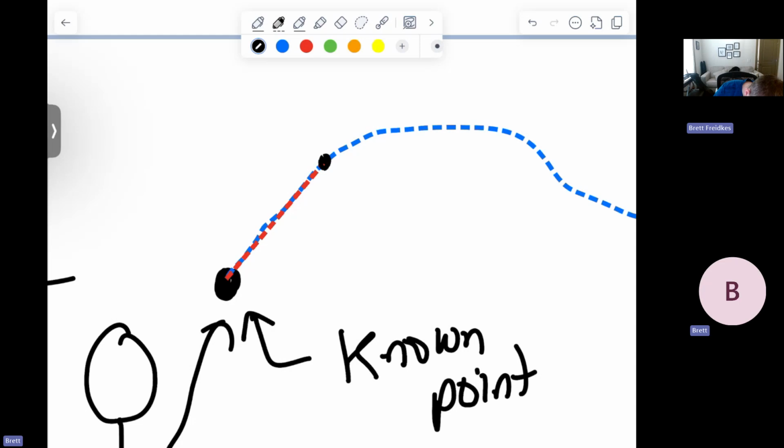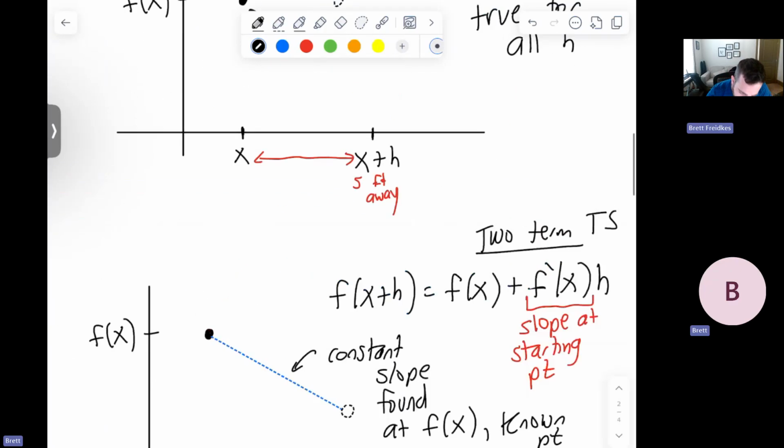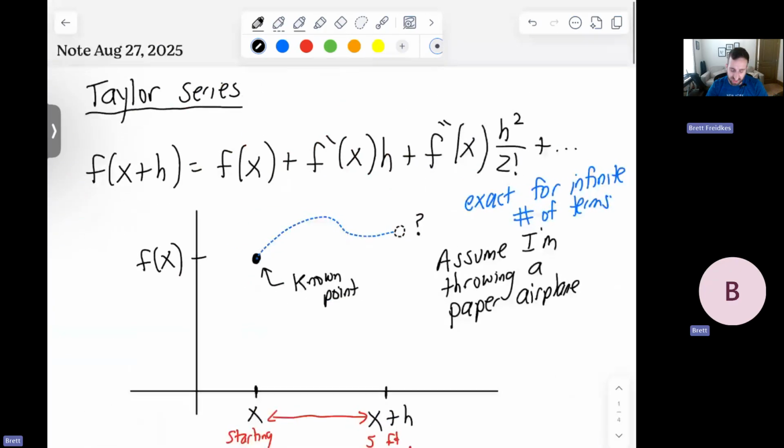So if I were to be interested in finding what the position of f of x plus h is at some tinier h away, that might be pretty accurate. And the reason why is if we come back up to the total expression here, for small h, all of these terms over here are basically really tiny.